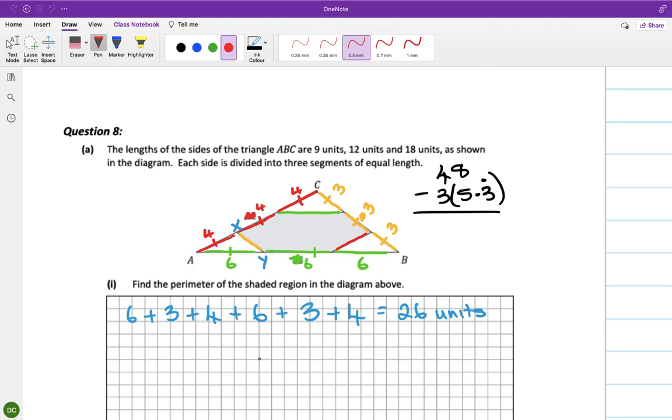So the whole thing is 48. Yeah, I think that's right. So I'm going to multiply that by 3, which is 16. 48 minus 16 is, so I'm getting 32 units squared for the shaded bit. Yeah, I think. I'll just put it down in the actual box.